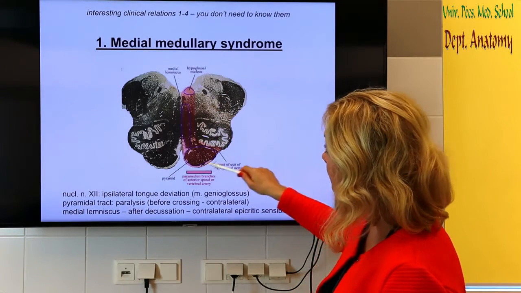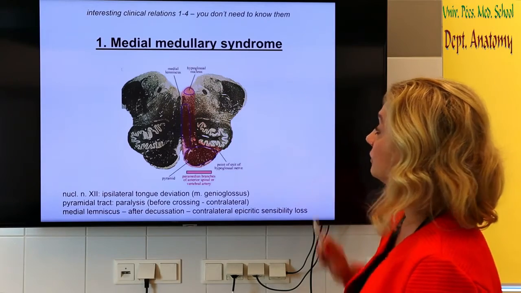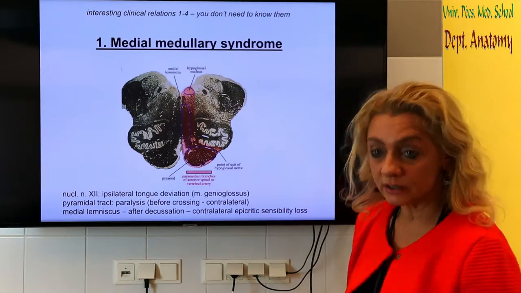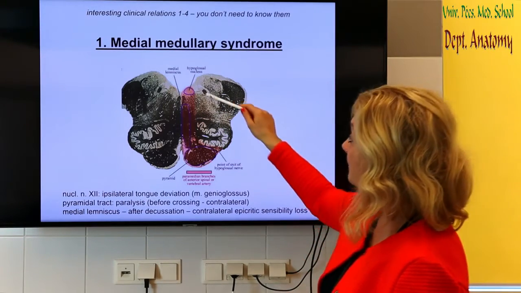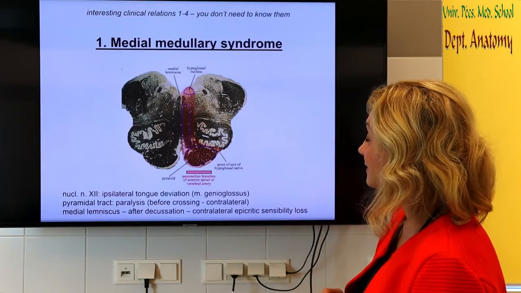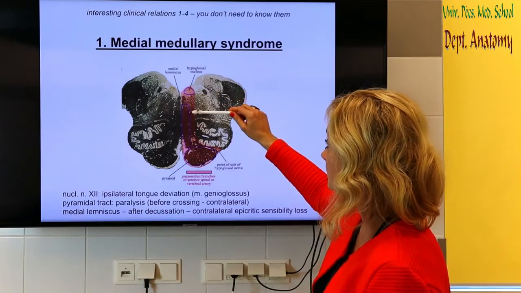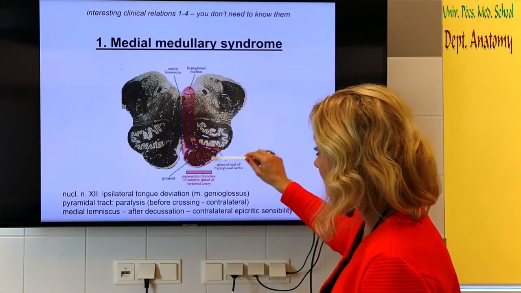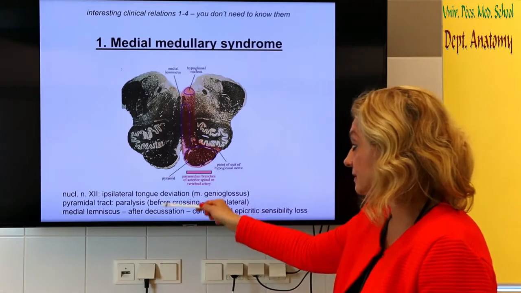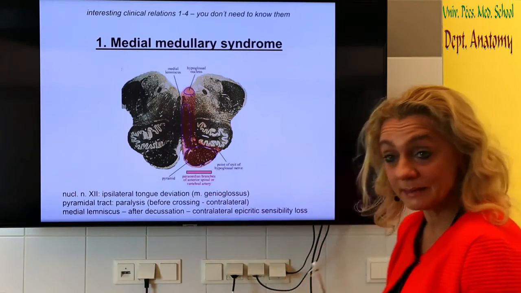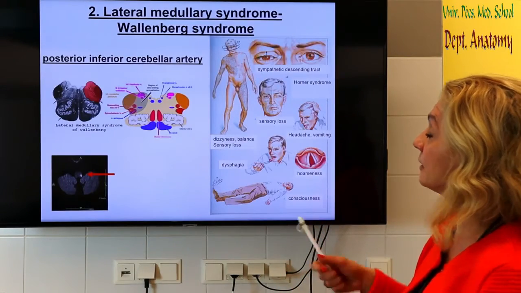So here you can see, for example, the medial medullary syndrome, which you will learn in neurology. You know which tracts or nuclei are in the medial part of the medulla, hypoglossal nucleus, medial lemniscus, and the pyramids, and this determines the symptoms of the patient.